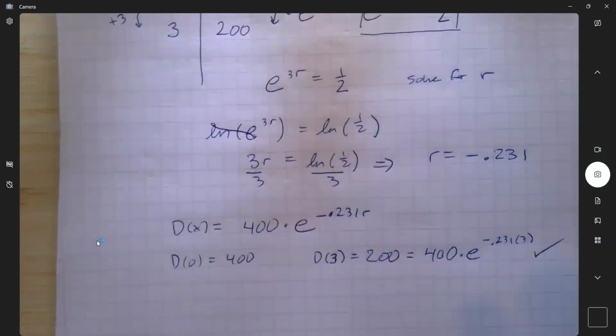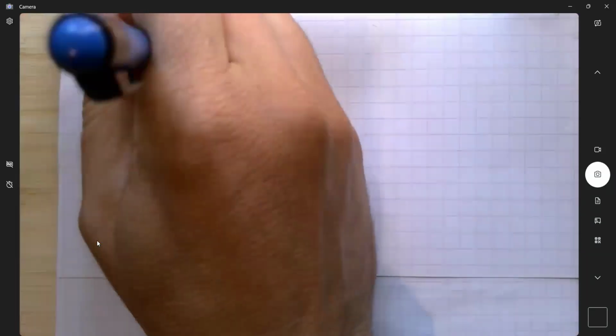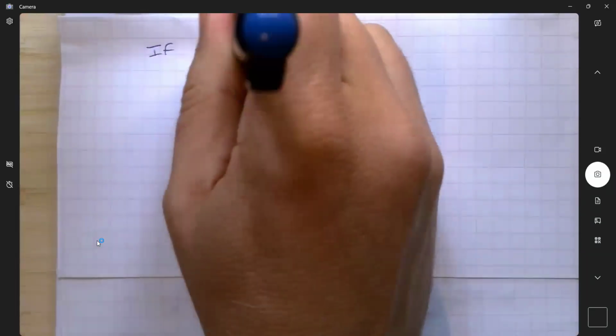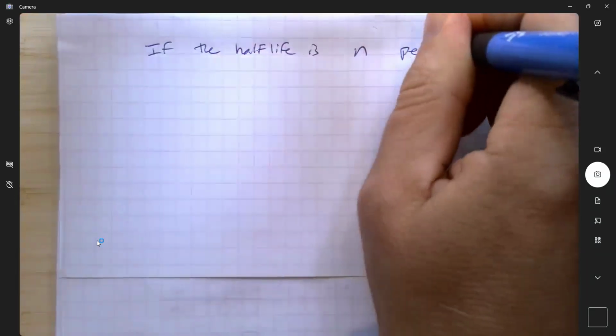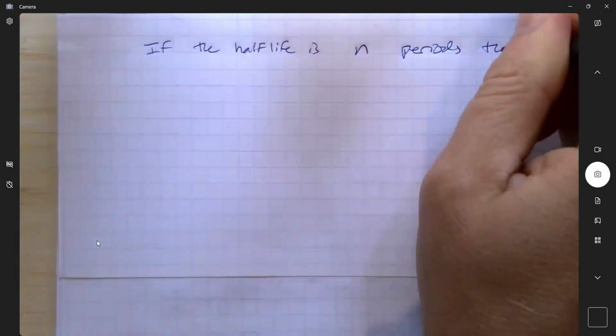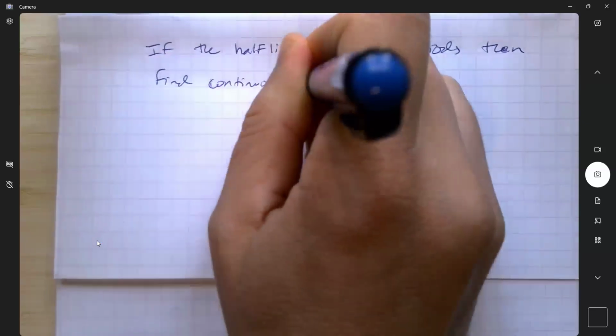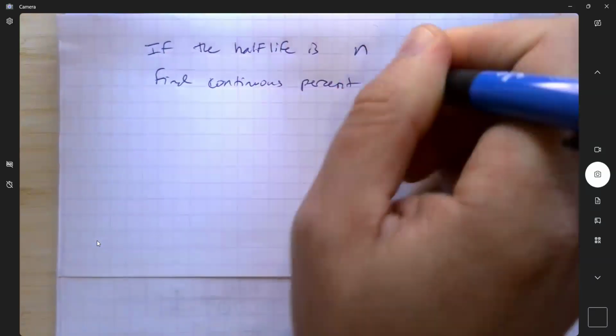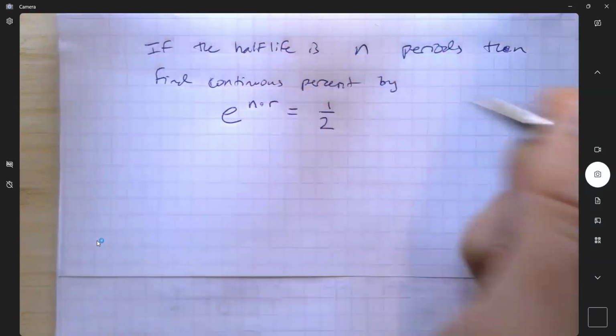So let me recap this, and it's going to build us a little bit of a shortcut, which honestly I didn't see until I did it this way. So if the half-life is n periods, then you can find the continuous percent by e to the n times r equals 1/2.